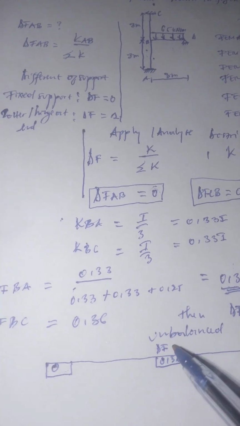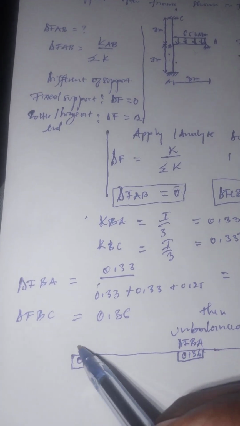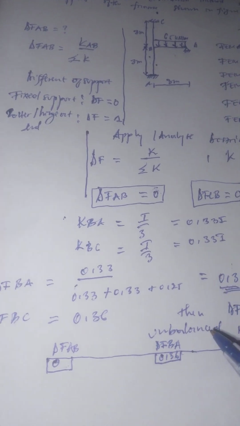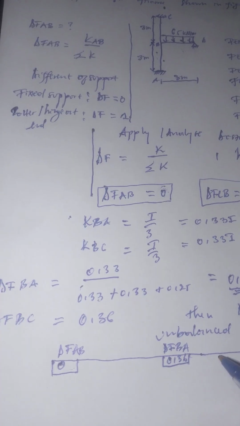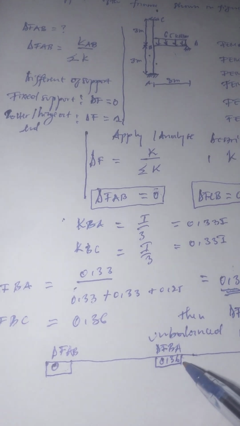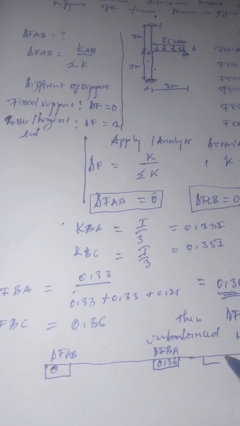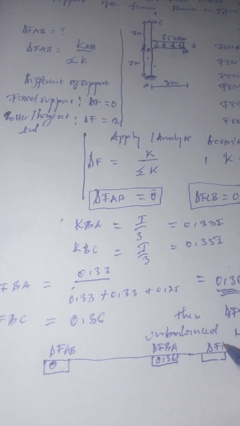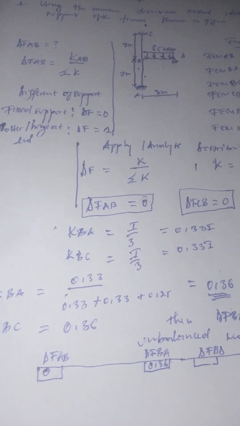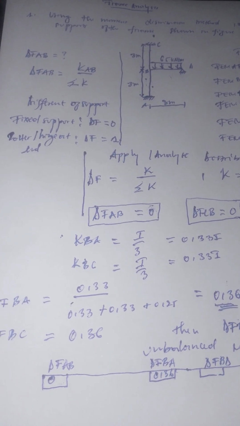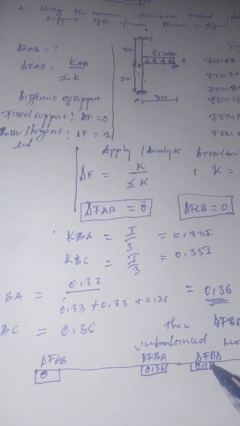Distribution factor BA, distribution factor AB. Then another is distribution factor BD. Distribution factor BD is equal to 0.27.